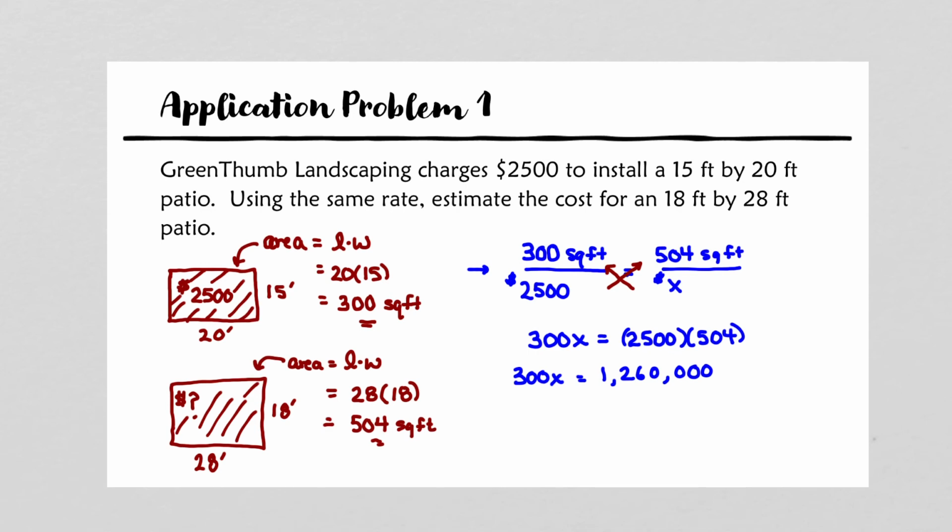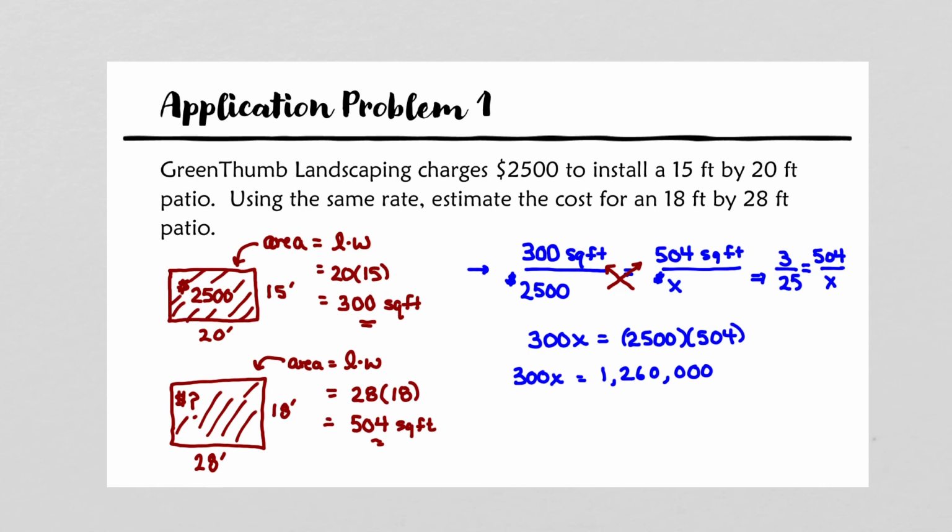In other words, I might have written out the proportion 3 is to 25, because I could cross out those two zeros top and bottom, is to 504 over x, and then solve that proportion instead. That's another way to do this problem. But since I started with these big numbers, I'm going to carry on, but just something to keep in mind as you're going ahead. Try and make it as simple as possible, right, as you're solving your problem.